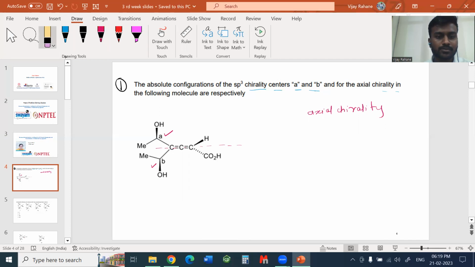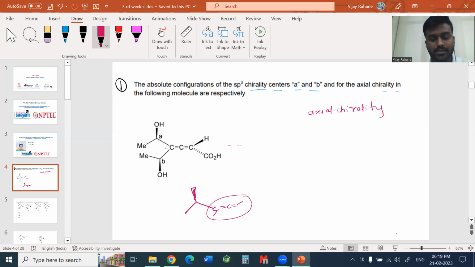So we'll give numbering first for one center at a time. This one is the center. We'll draw it here for our understanding, and here is the remaining part of this molecule. We'll label it as a group, and here is OH and methyl. So we'll give numbering to this.